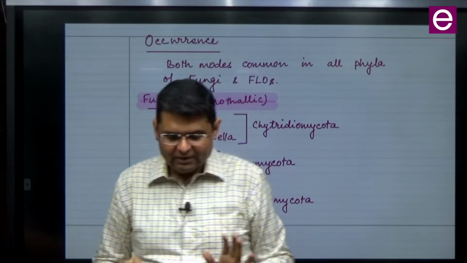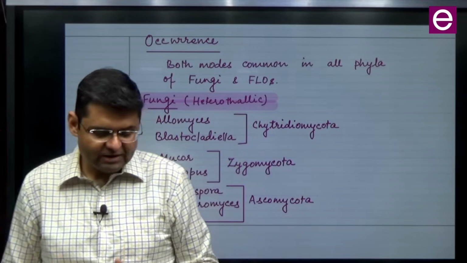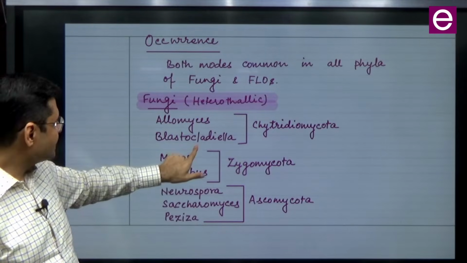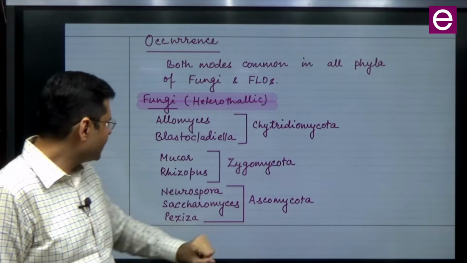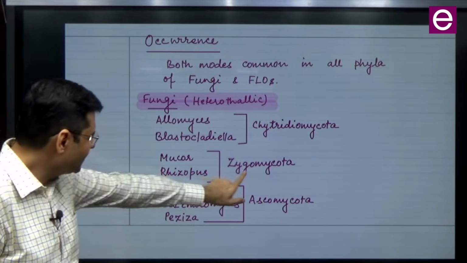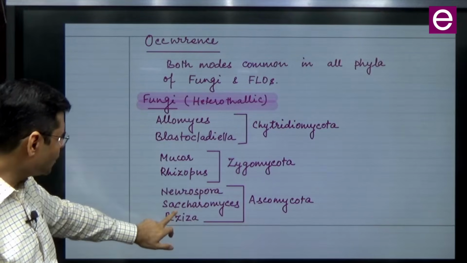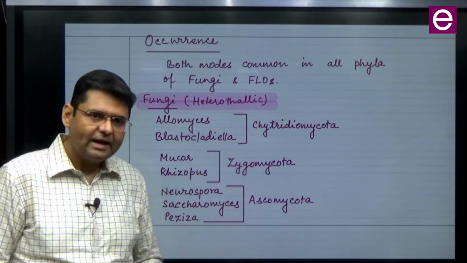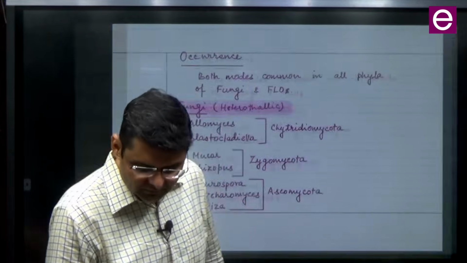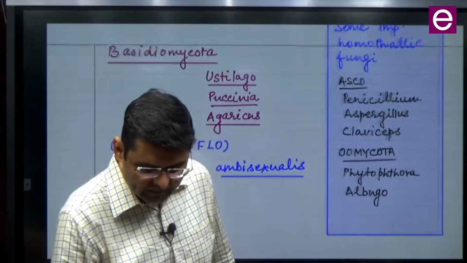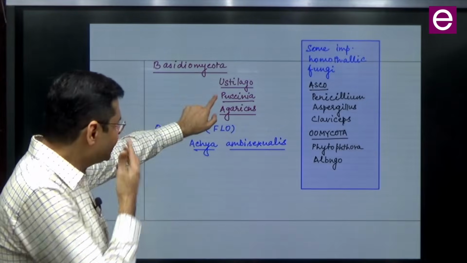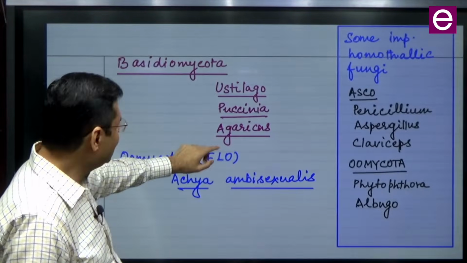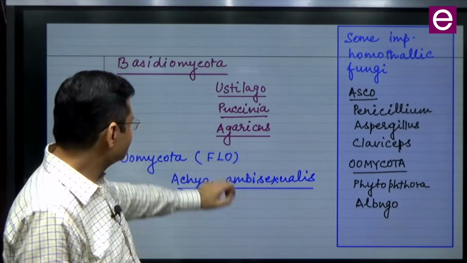Both modes. Heterothallic proper fungi, Allomyces and Blastocladiella in Chytridiomycota, Mucor and Rhizopus in Zygomycota, Neurospora, Saccharomyces, Peziza, more also in Ascomycota, and then Basidiomycota में Puccinia, Agaricus. Agaricus is your field mushroom, edible one, right?